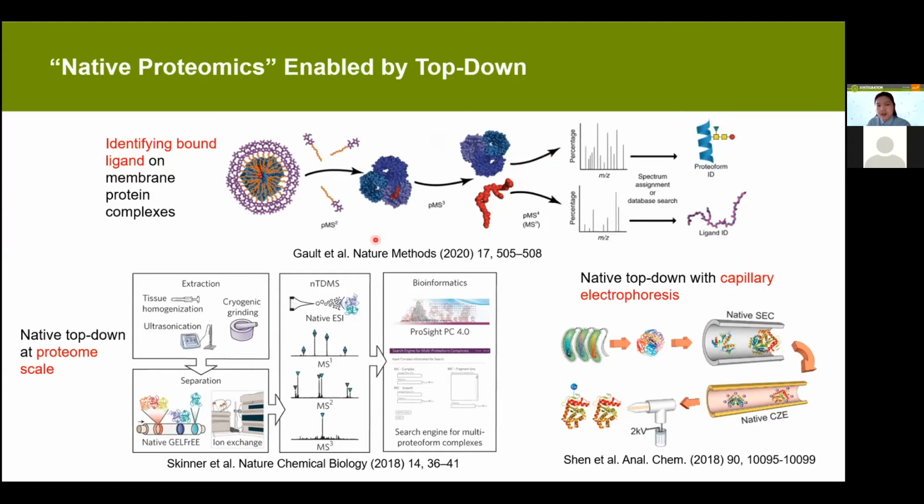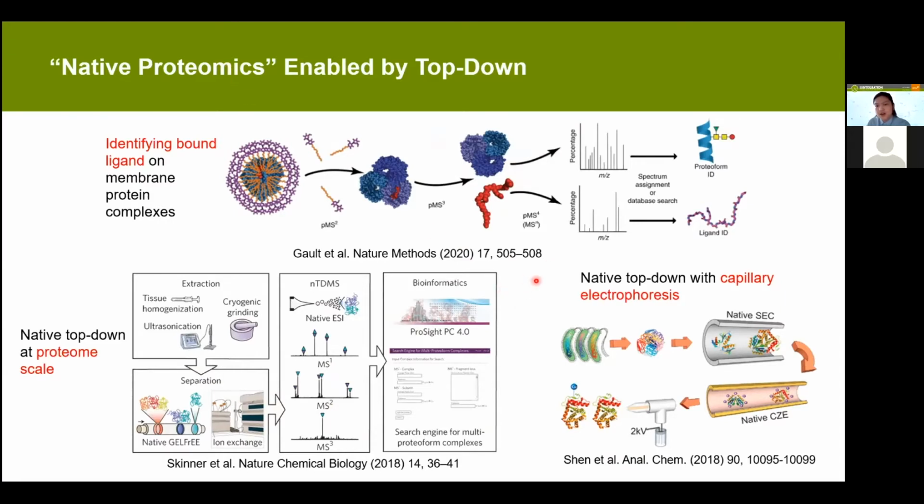And if you do this kind of analysis at a proteome scale, this has already been demonstrated by Professor Neil Kelleher's group and also Liang Sun's group, that if you do a front-end separation, you can simplify the samples, and then you can do this kind of top-down analysis on the protein complexes to do this native proteomics experiment.